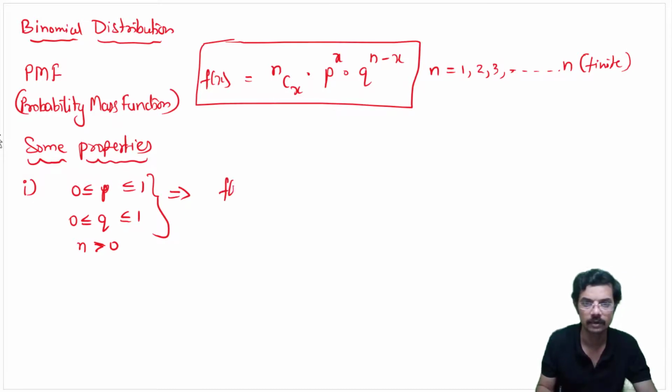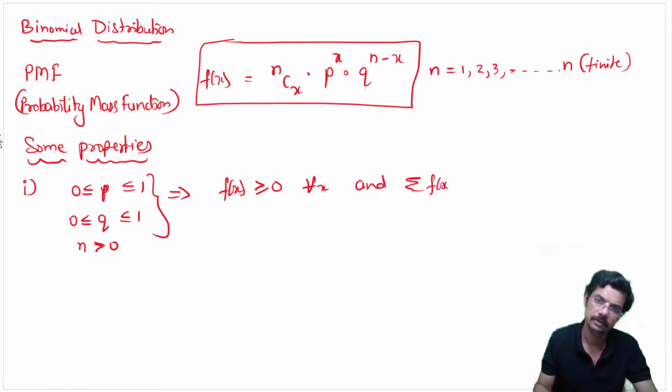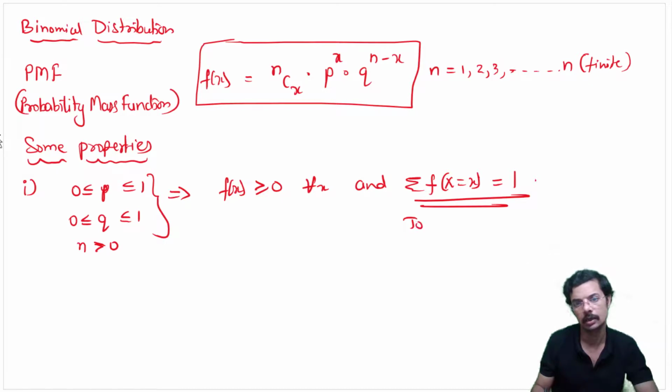Therefore, the probability function f of x is non-negative for all x, and the sum of f of x over all x is equal to 1. The sum of all probabilities will be equal to 1, that is, the total probability is 1.